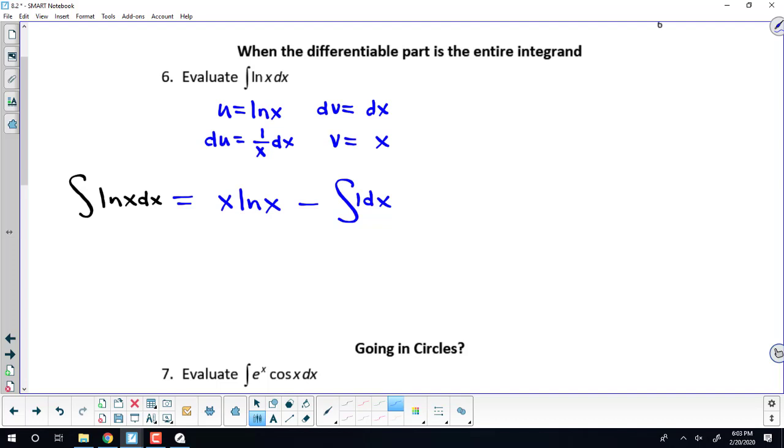So we have x ln of x minus the antiderivative of dx again, which is just x. So there's the antiderivative for the natural log of x.